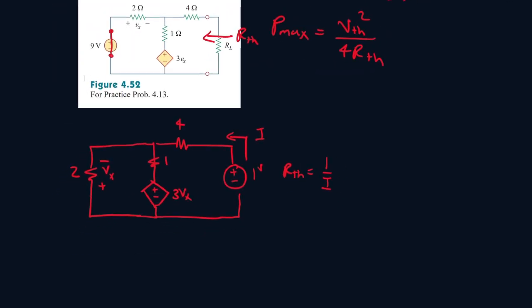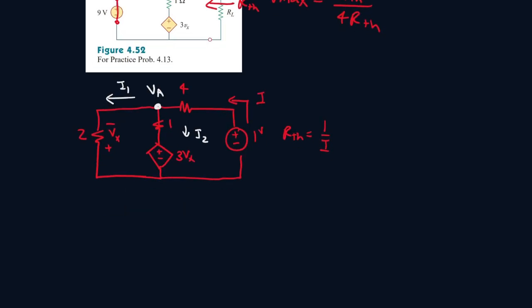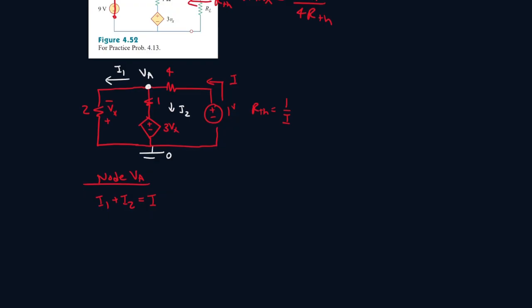Alright, let's see what we can do now. Let's do a nodal analysis. So let's call this node VA. Let's have a current passing through here, let's call this I1. Current passing through here, let's call this I2. Okay, and this is the ground node, 0 volts. So for node VA, it's I1 plus I2, they're both leaving, and this is equal to I, which is entering.